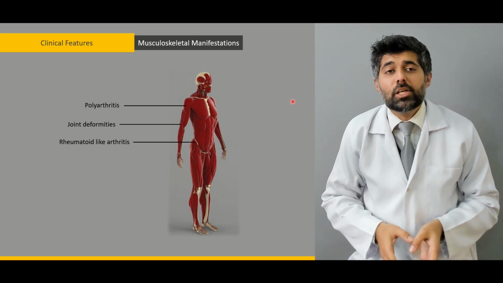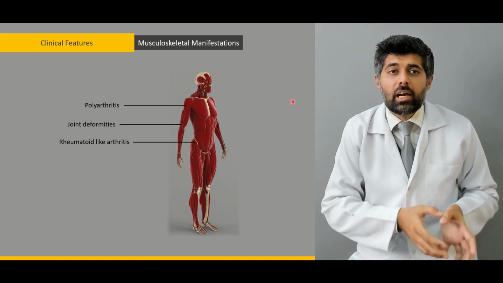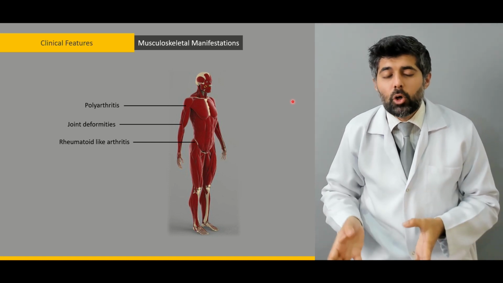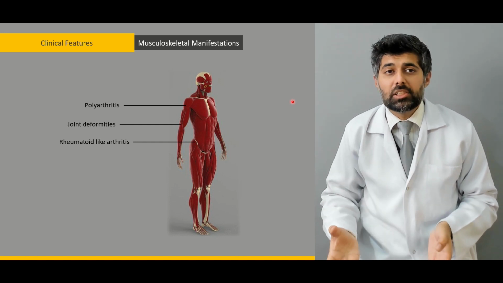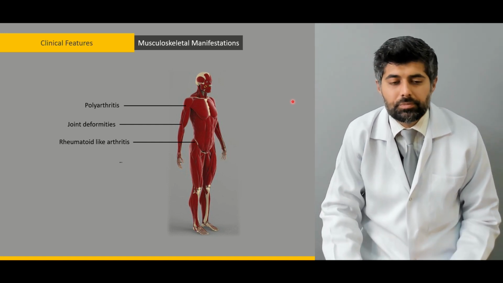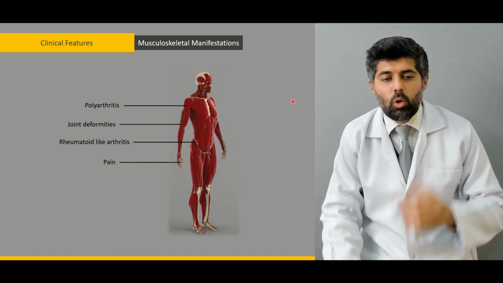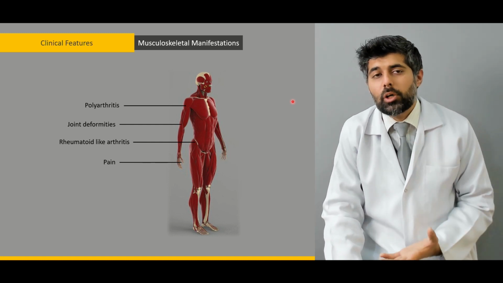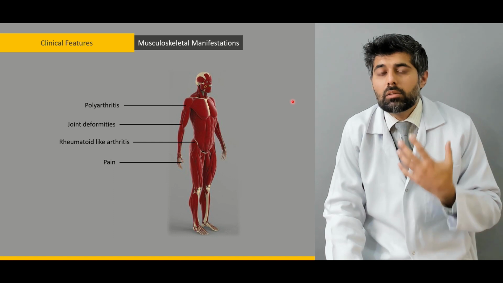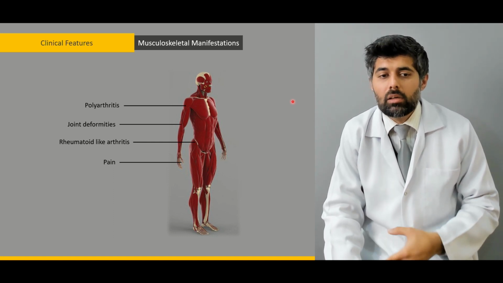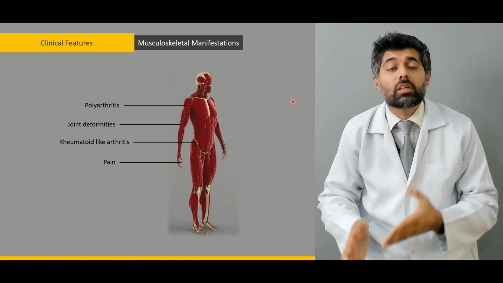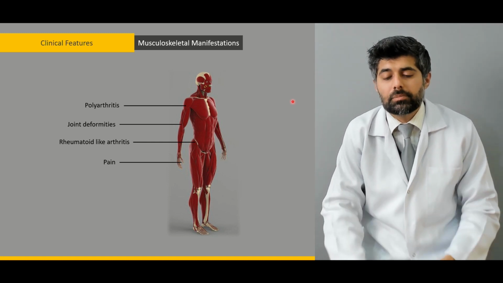So in these patients, they have rheumatoid arthritis in their knees along with SLE presentations. Because of the rheumatoid arthritis, the patient has increased level of pain as opposed to having only polyarthritis.